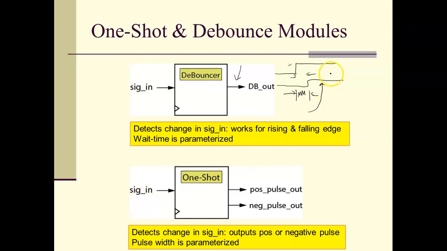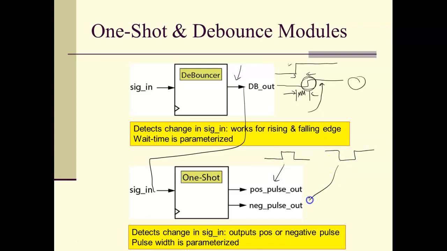The other issue here is a one-shot. What we're going to do is take the output of this signal and connect it to the one-shot, and that's going to make sure that all it does is act on that edge. When it sees that edge, it's going to send out a pulse. This is your positive pulse, or it could send out a negative pulse. It's actually set up to do both, and you can choose which one you want.